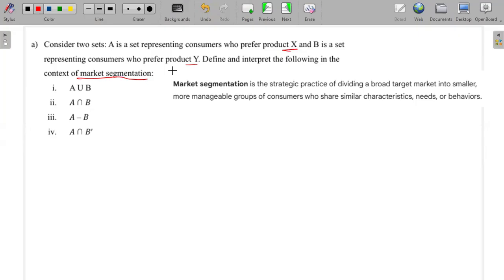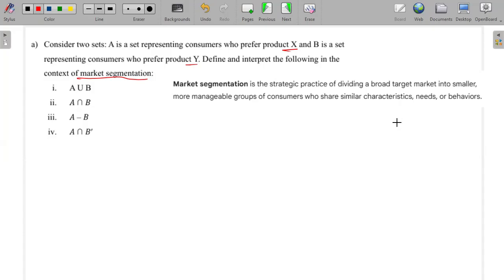For us to define it in terms of market segmentation, we must first understand what market segmentation is. Here is a definition on the screen. Market segmentation is the strategic practice of dividing a broad target market into smaller, more manageable groups of consumers who share similar characteristics, needs, or behaviors.